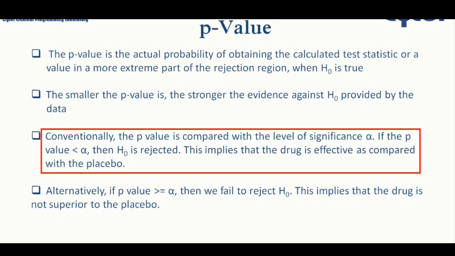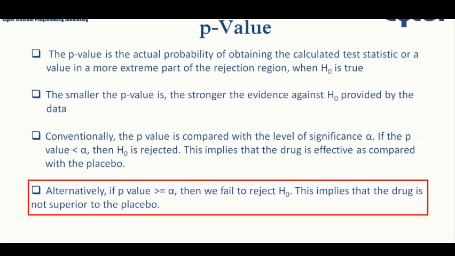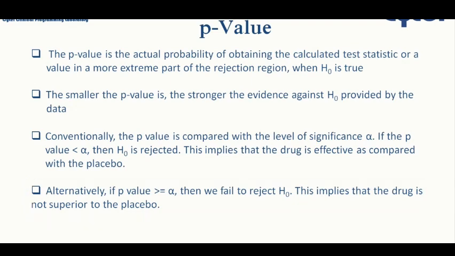Conventionally, the p-value is compared with the level of significance alpha. If the p-value is less than alpha, then H naught is rejected. This implies that the drug is effective as compared with the placebo in two sample situations. Alternatively, if p-value is greater than or equal to alpha, then we fail to reject H naught. This implies that the drug is not superior to the placebo.